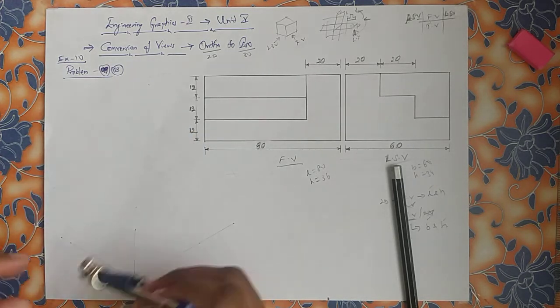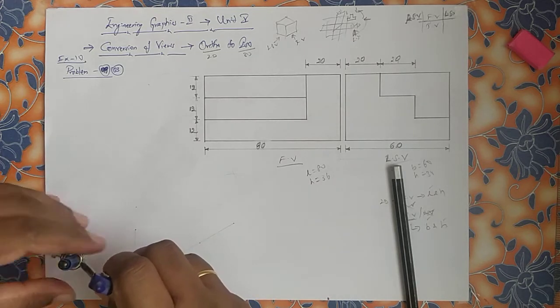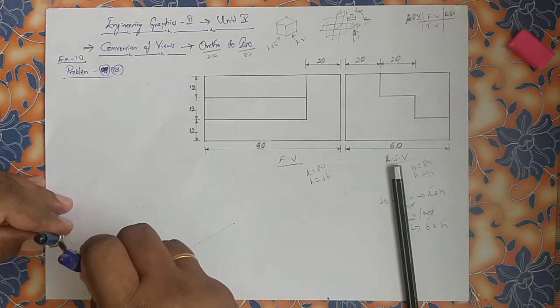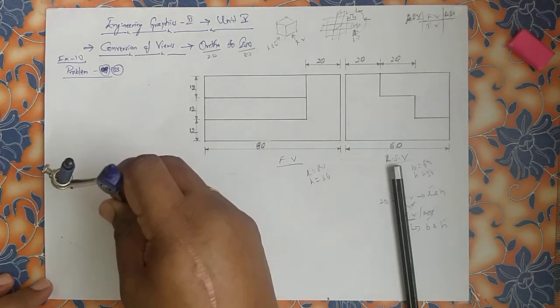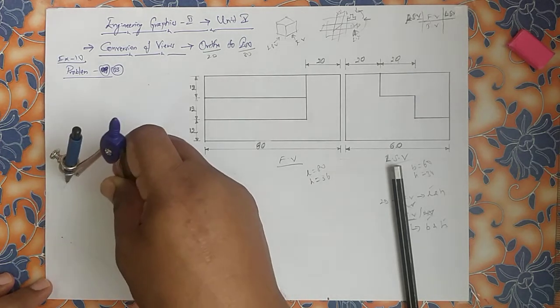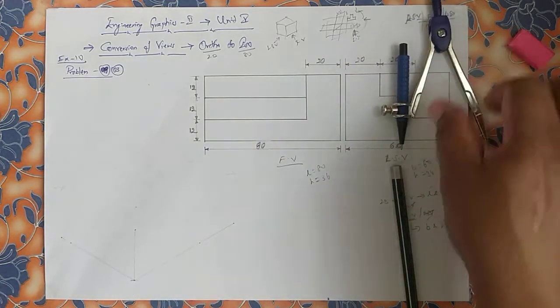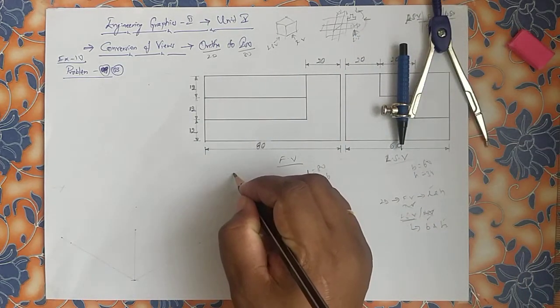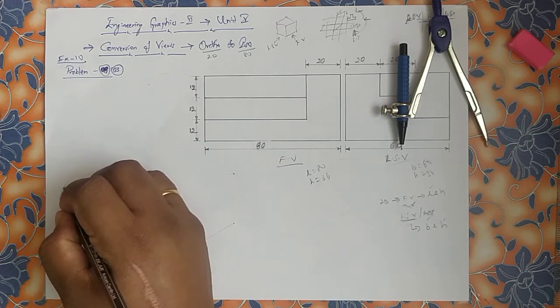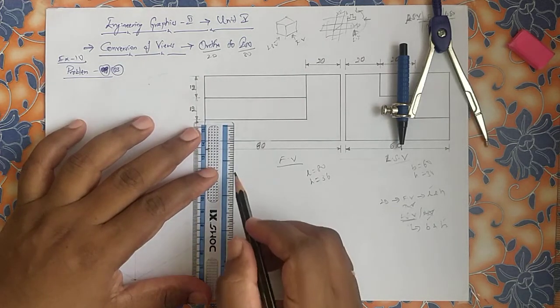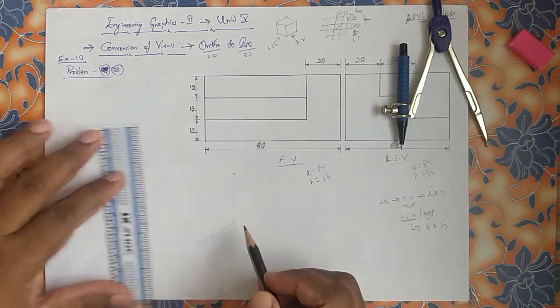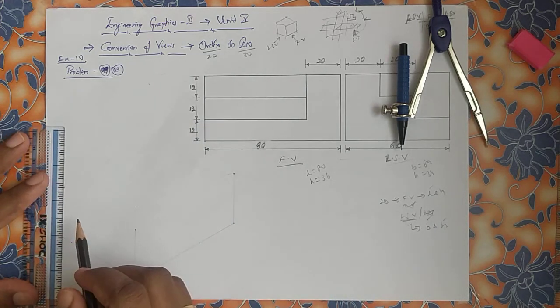Next breadth. We got two intersection points of height 36. Try to draw them in light.